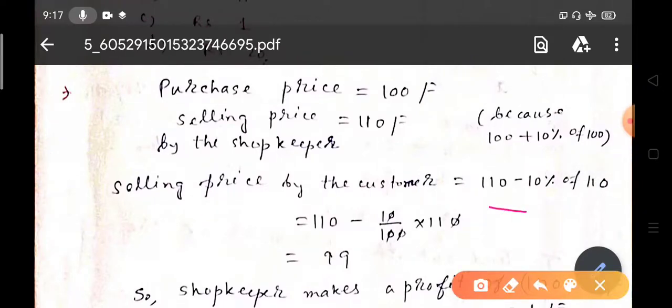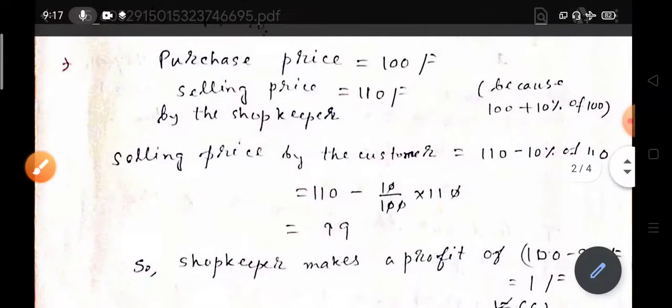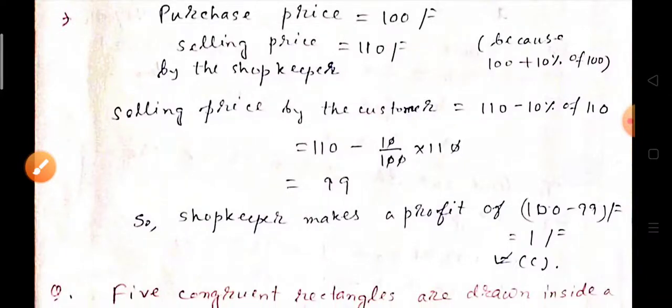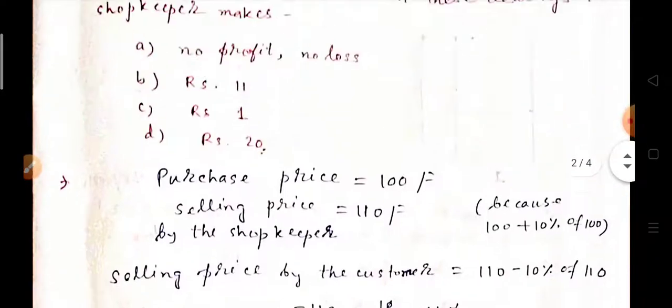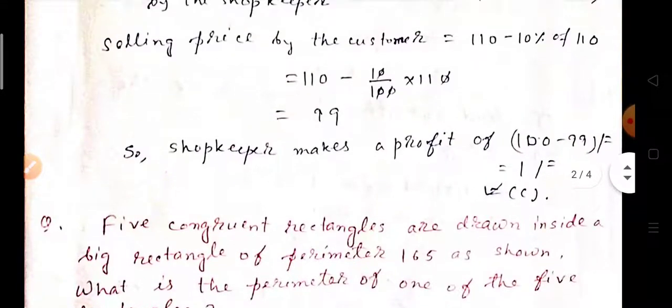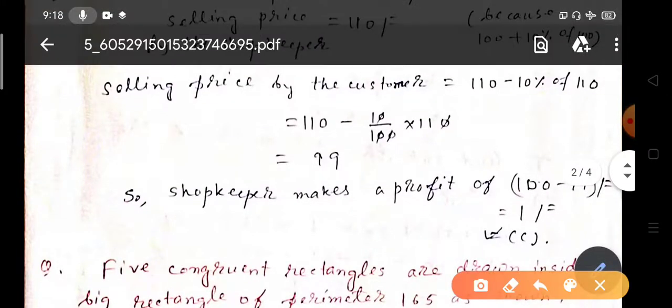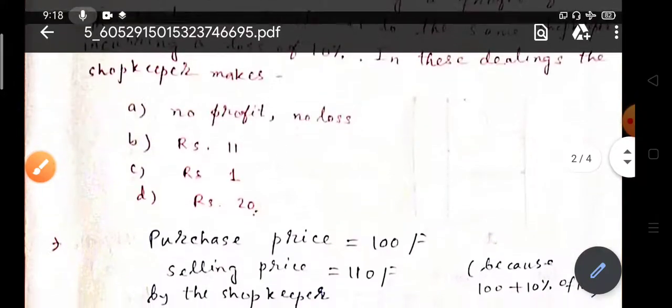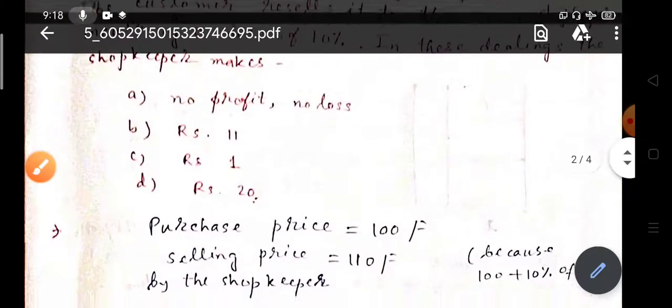So it becomes 110 minus 10% of 110, and that becomes 99. So the shopkeeper takes the same product back with a profit, and the profit is 100 minus 99, that is 1 rupee. So option C is the correct option.